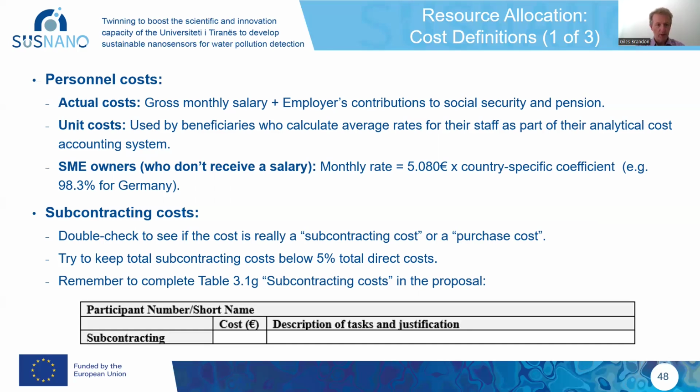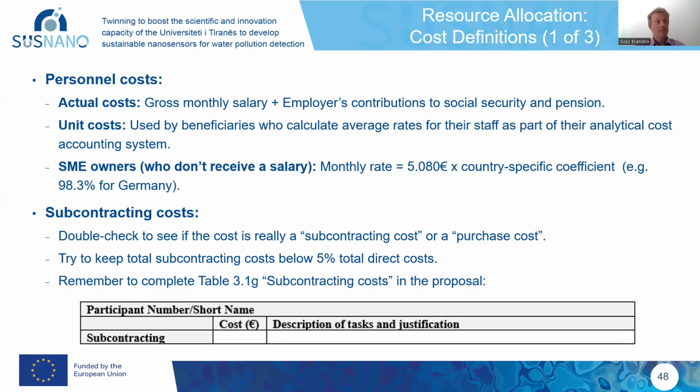Some words about subcontracting costs. Firstly, double check to see if the cost is really a subcontracting cost or actually rather a purchase cost. As an example, way back in the FP7 framework program, anytime we needed to get audit certificates on financial statements, the Commission required us to define the cost of getting an accounting or auditing company to produce that certificate as a subcontracting cost.